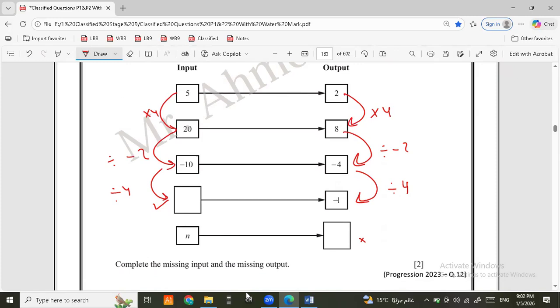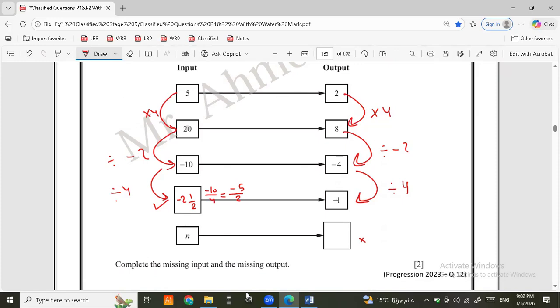It gave me -10 over 4, which simplifies to -5 over 2, which is -2.5 as a mixed number. So they just noticed that here they divided by 4, then they divided here by 4 as well. It gave them -2.5. Good. That's how they got the mark.